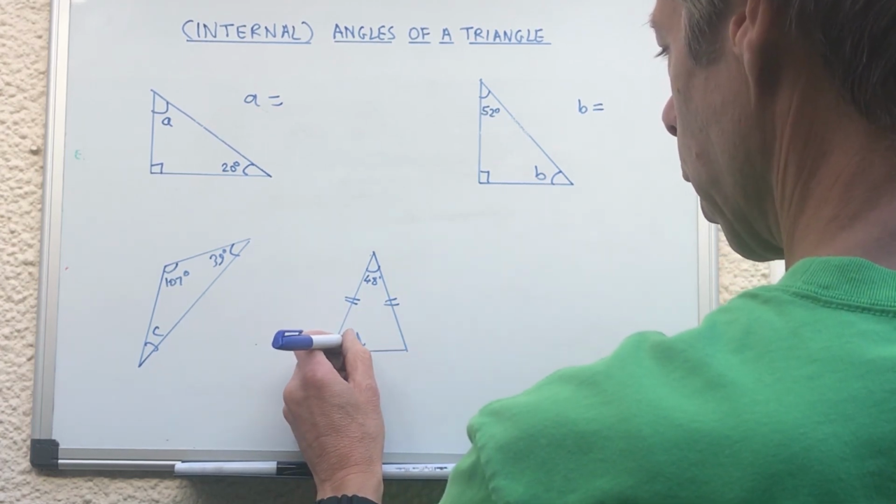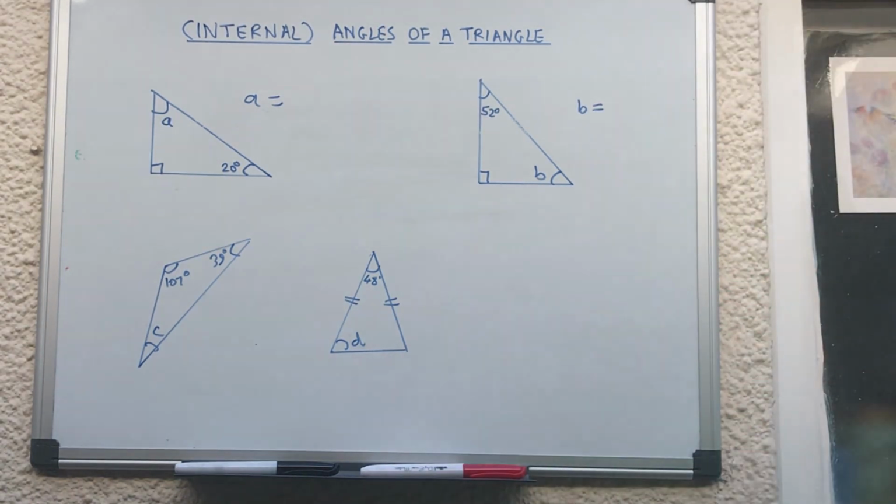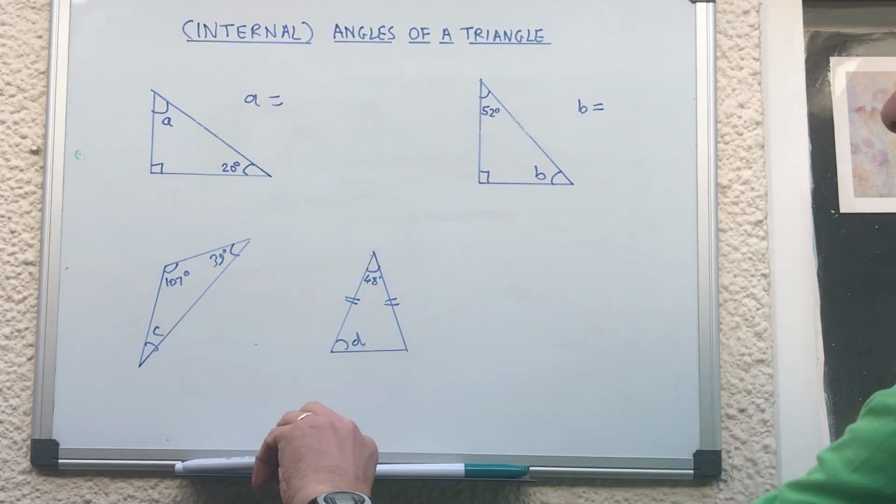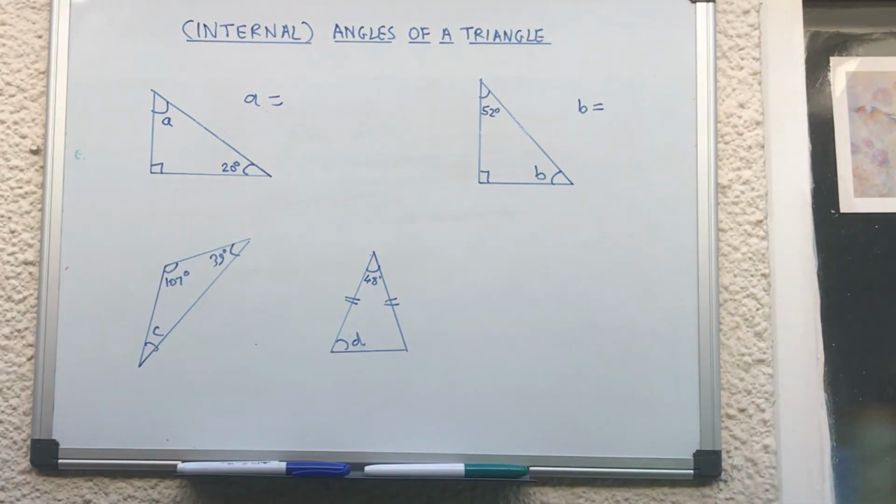So that is D. So if you're not close to working these out, pause the video and work them out, restart the video and see if you've got them right.